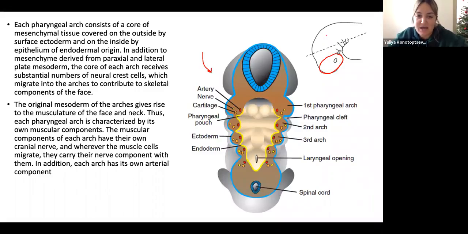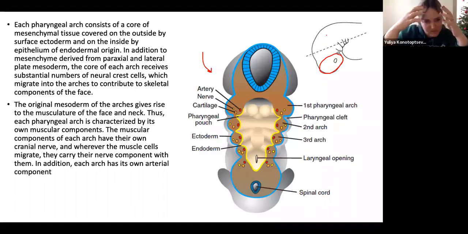So this is why sometimes they ask you this question: what is the purpose of the frontonasal prominence in the early development stages? In the early development stages, the frontonasal prominence is responsible for protecting the developing brain. It's very cushiony, right?